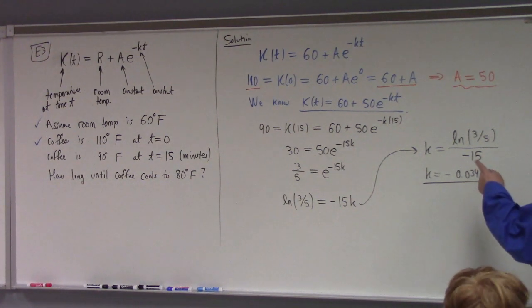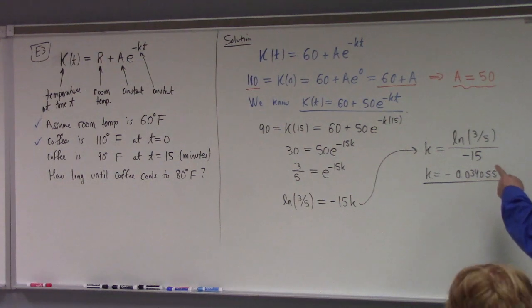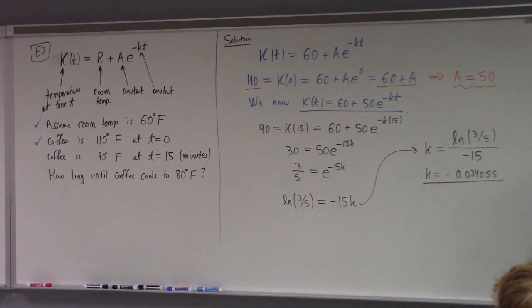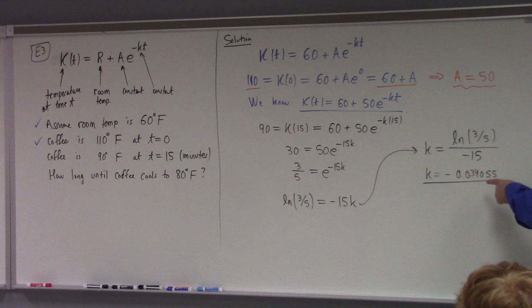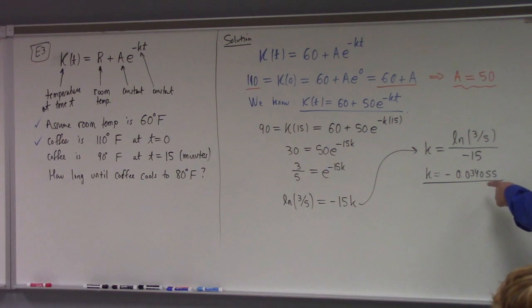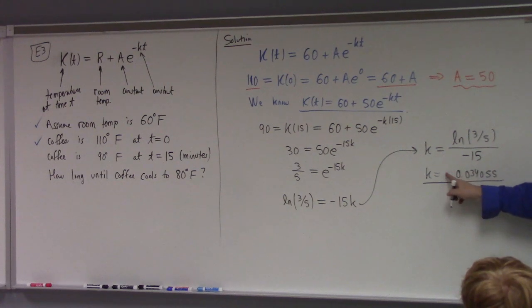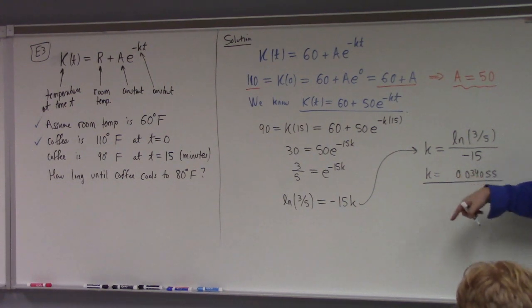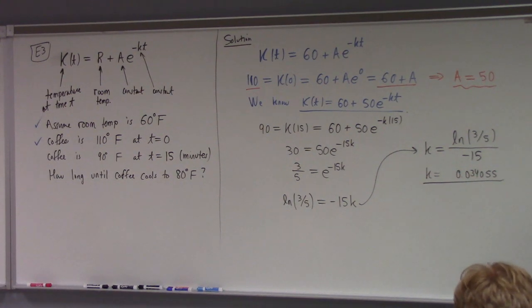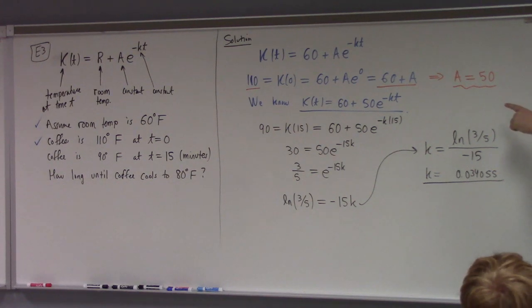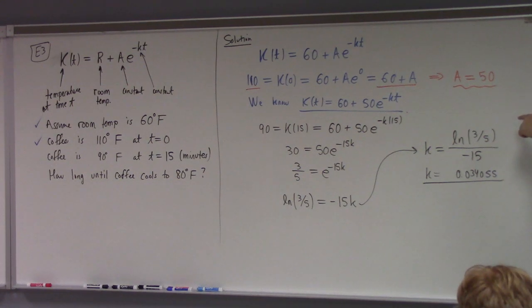It's equal to 60 plus 50 times e to the minus k is apparently, oh my bad, I'm sorry guys, that's not a minus, that's a plus. I lost a minus in my calculator. K is positive here, but there's a minus in the formula, so it's minus 0.034055 times T, all right?